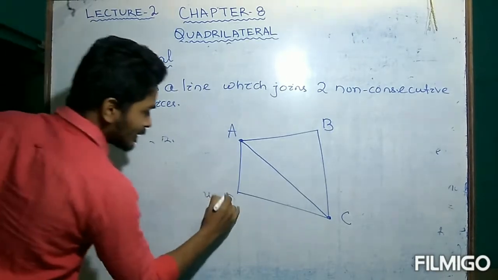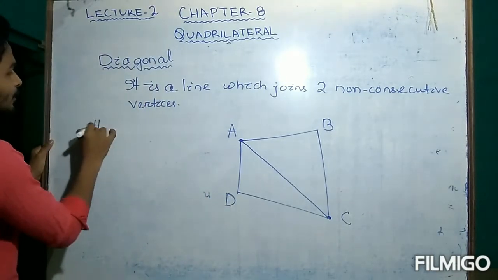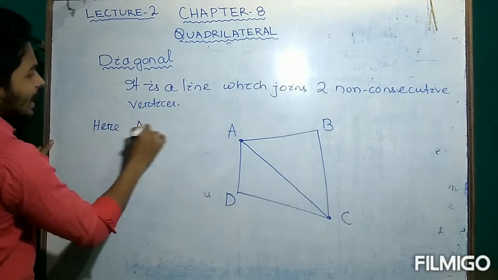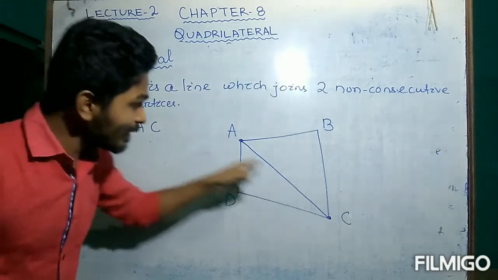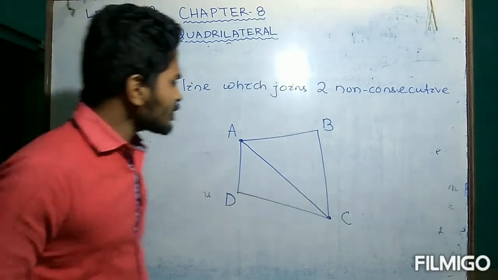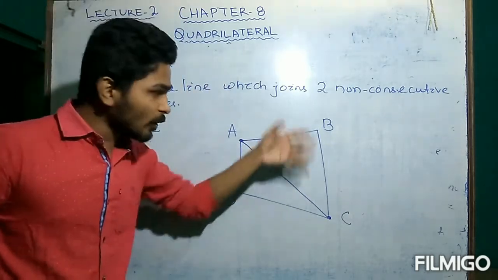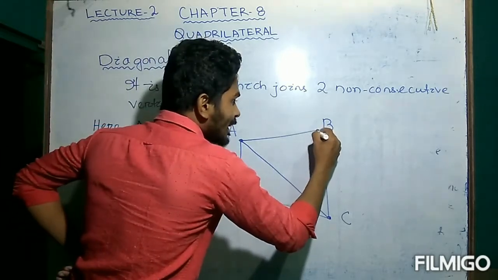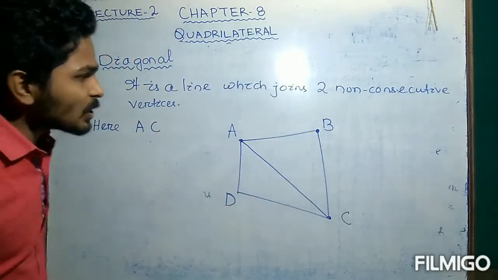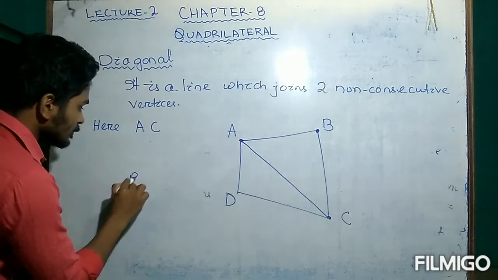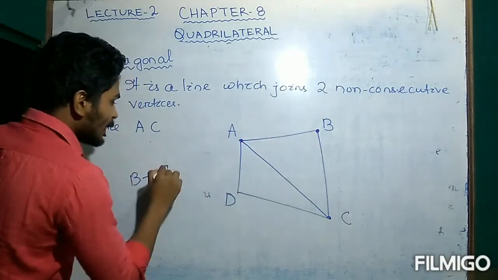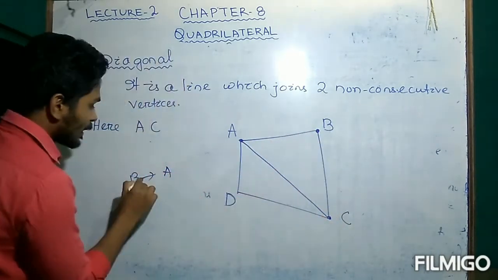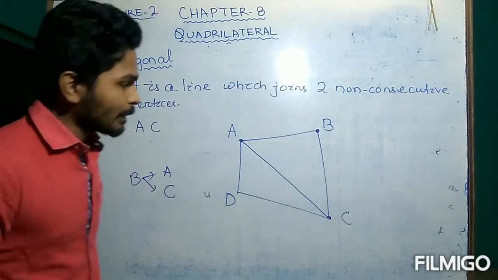So let's write. Here AC is a diagonal, AC. Let us find if any other diagonal is possible for a quadrilateral or not. If we consider the vertex B, then what are the consecutive vertices of B? This vertex and this vertex. So these two vertices are consecutive.